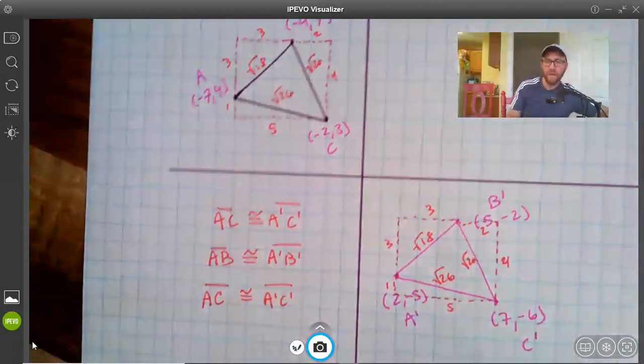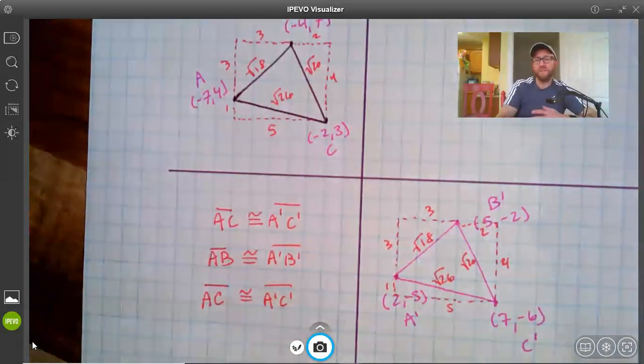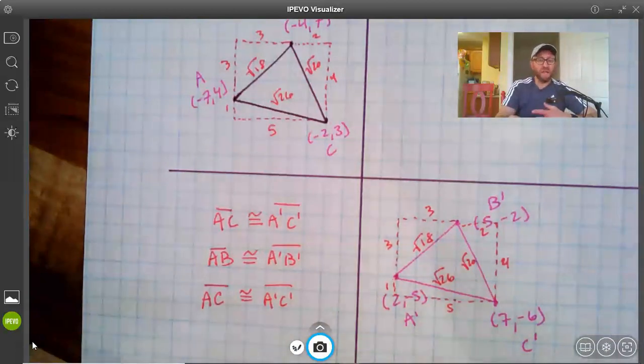Okay. And so what does that mean in terms of these two triangles? Well, it seems to suggest that they are the same somehow, right? And in fact, it means that the two triangles are congruent. But there's more to congruent triangles than just the side lengths being the same. We also have to know that the angles are all the same, right?